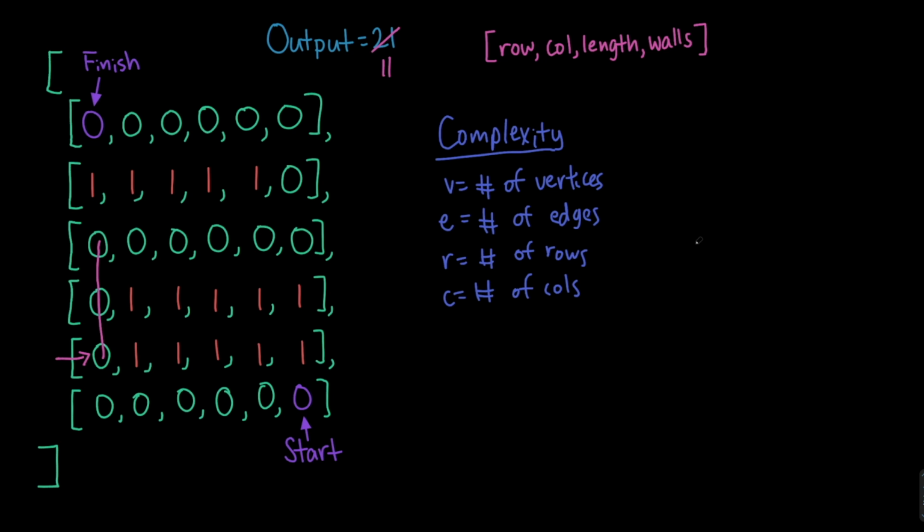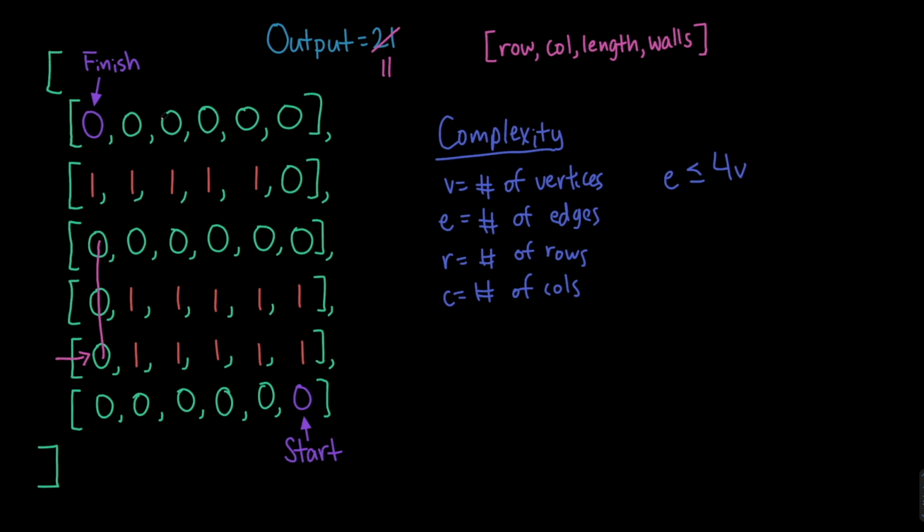Before we get to the complexity, I want to make one observation about the relationships between these variables. I'm going to say that E is always going to be less than or equal to 4V. So what I'm saying here is that the upper bound for E is just 4V. And the reason is because, let's start by thinking about what are the vertices in our graph. Well, that's just the number of positions that are here, right?